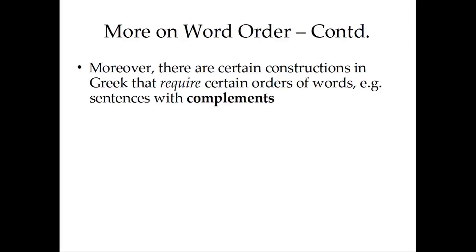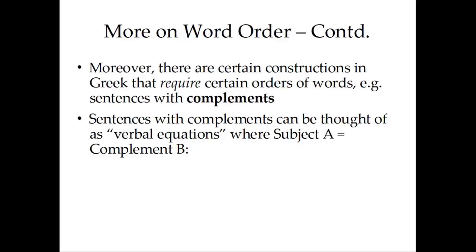For instance, if you wanted to say, "It is I," that it is the subject, I is the complement. It's what you're saying something or someone is. Sentences with complements can be thought of as verbal equations where subject A equals complement B.